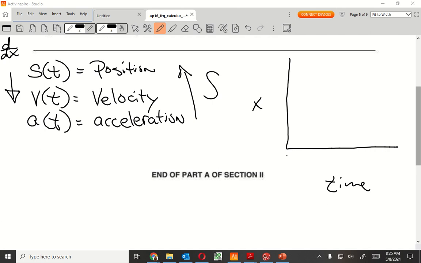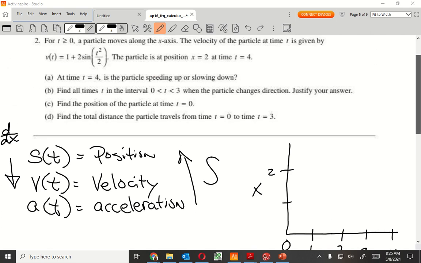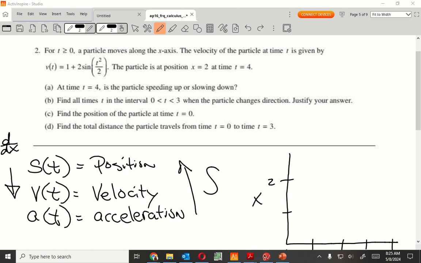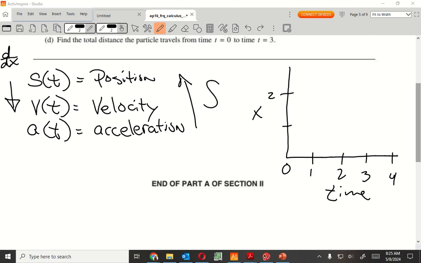Going this way in my coordinates, 0, 1, 2, 3, 4, and then it goes up 2. The particle is at position x equals 2 at time 4, so I have a coordinate right here, and that is (4, 2).